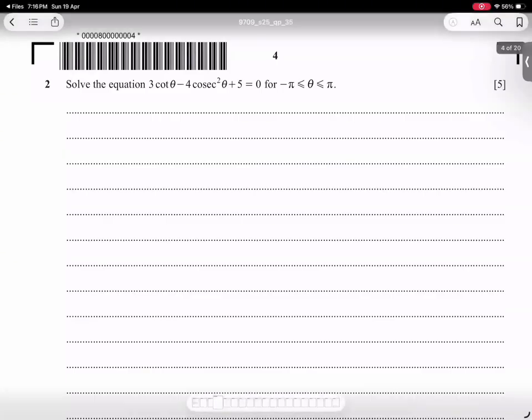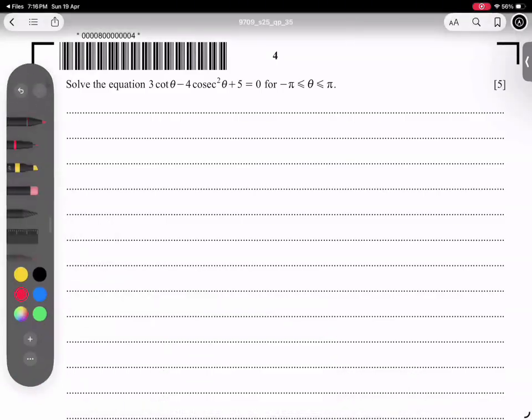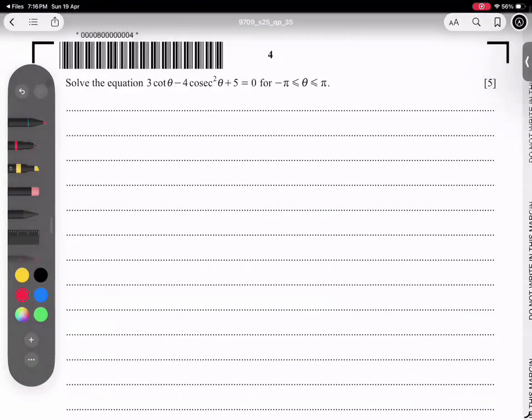Question number 2, students, we are starting now. And make sure the answer is in pi format, so we must convert into radians. One part must be in your mind: radians. The question is cot and cosecant square, and we must know one formula available with us. You know, sine square theta plus cos square theta is equal to 1.